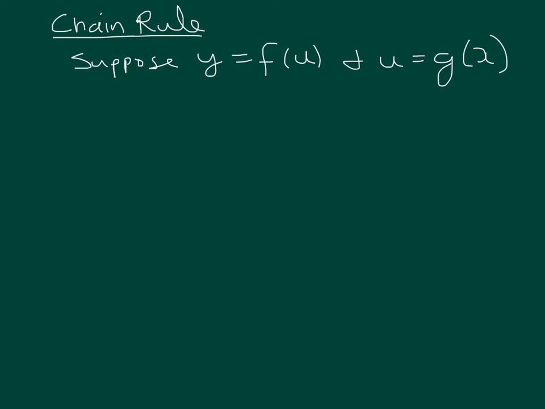So what we see here is that x affects u and u in turn affects y. So we have the action in this system coming from three variables. Basically x affecting u and u in turn affecting y.